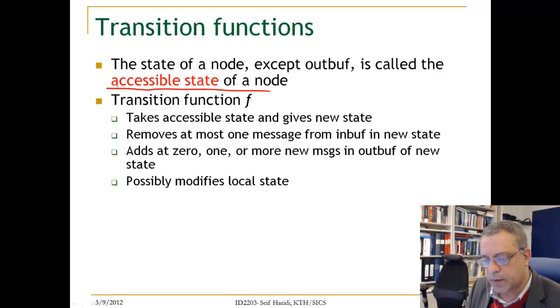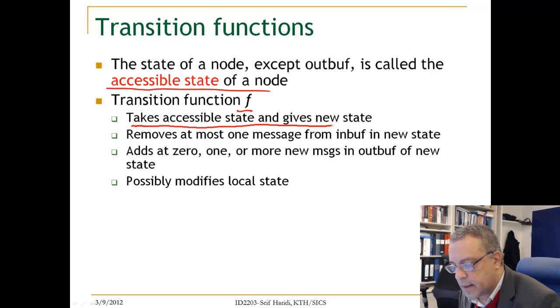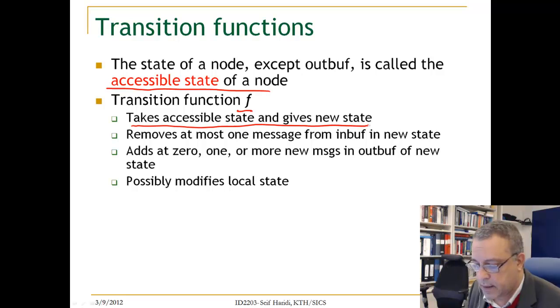And that part of the state, so we are removing now the output buffer, that part of the state is called the accessible state. So a transition function f takes accessible state and creates a new state.